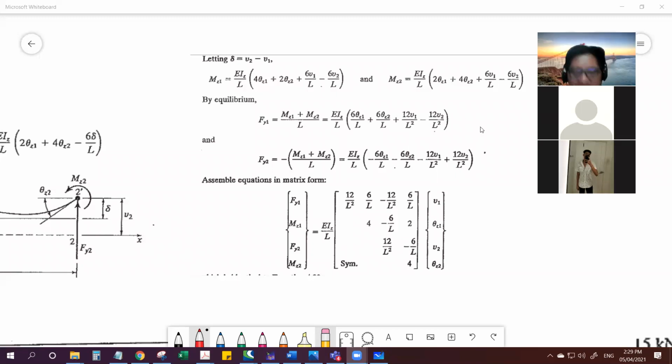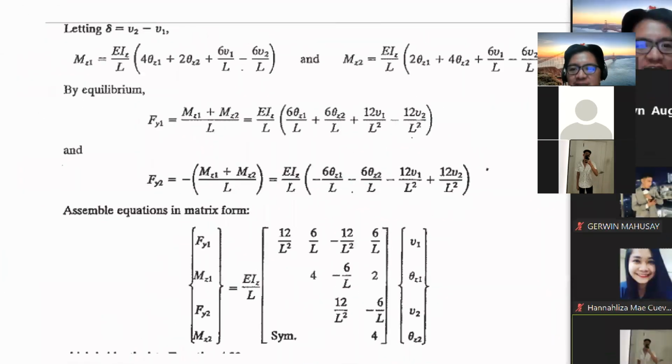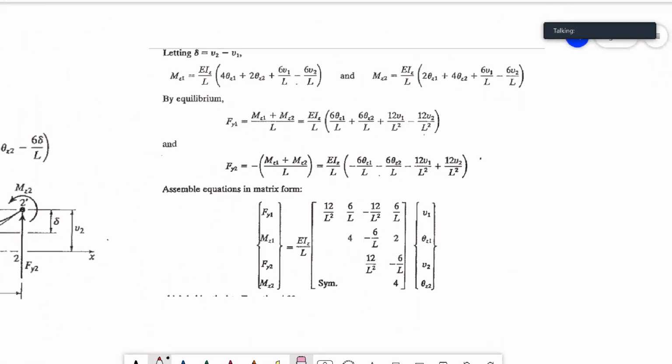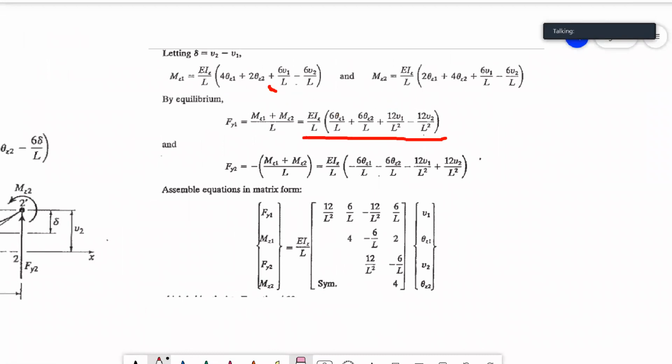So by substituting the formulas, M1 is MZ1 plus MZ2. You will come up with this.